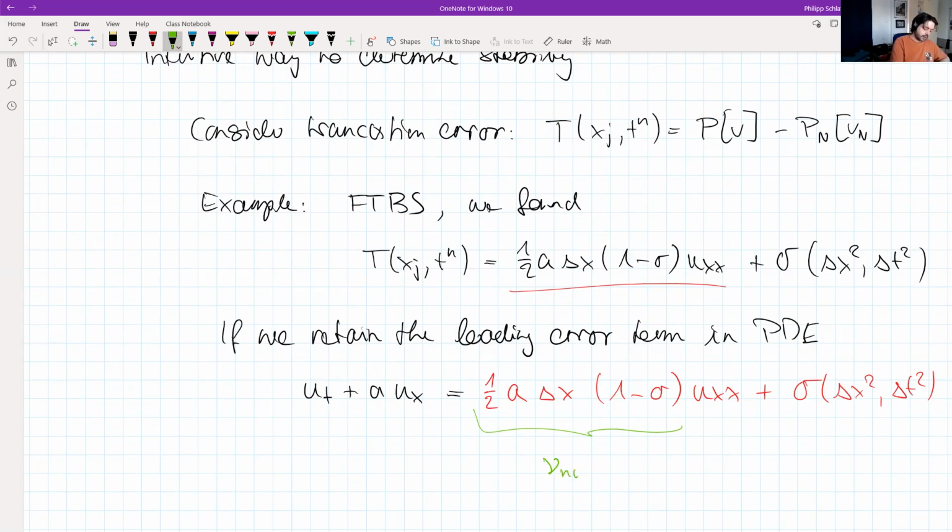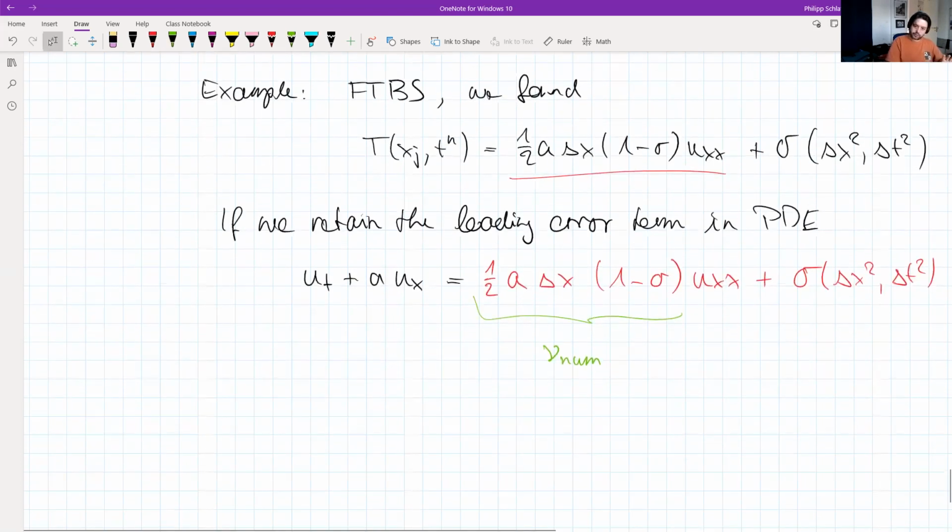And this prefactor, we can say that this is actually a viscosity. This is a new numerical viscosity. I write numerical because this is a viscosity which is not a physical one, but it's a viscosity that comes in just from the discretization.